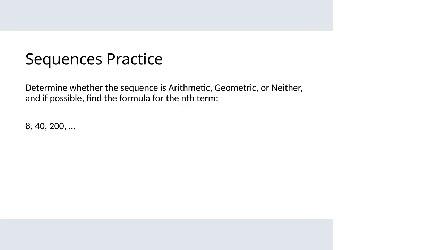Okay, we've got some geometrics. I'm good with that. We're calling this one geometric. Let's see. Looks like multiply by 5, multiply by 5. So that's going to be our common ratio. And remember, the formula for the nth term for a geometric sequence is a times r raised to the n minus 1 power. So I'll give you a minute. Don't type it in yet. We'll give everyone a chance to try to type this one.